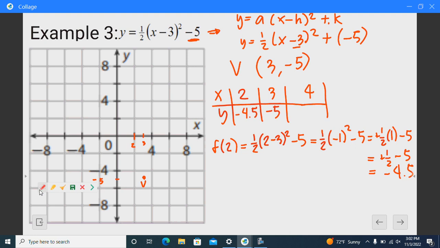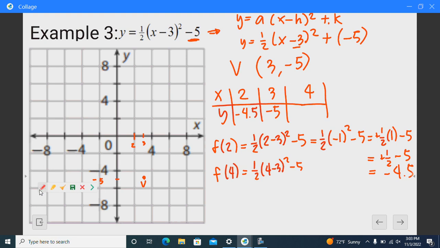If your x is 4, let's see. 1 half times 4 minus 3 squared minus 5. That will give us 1 half times 1 squared minus 5. That will give us 1 half still, because 1 half times 1 is still 1 half.